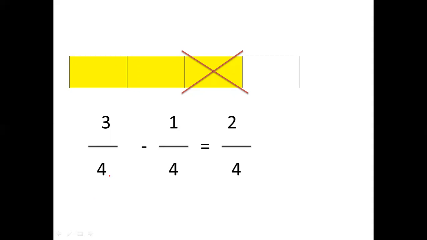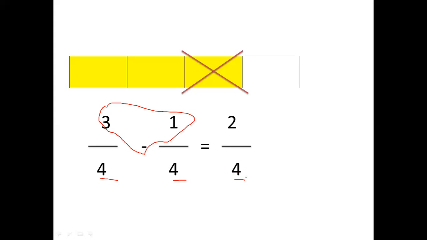So we are going to put it as it is. Here we have 4, so the denominator here is 4. We didn't say 4 minus 4 equals 0. No, we just subtract the numerator. So 3 minus 1 equals, excellent, 2. So the difference here is 2 over 4.